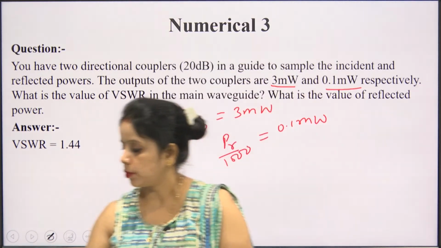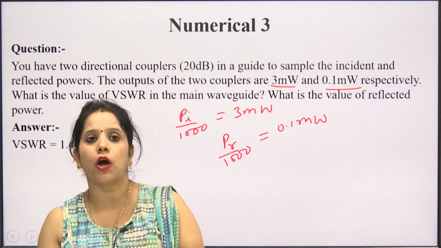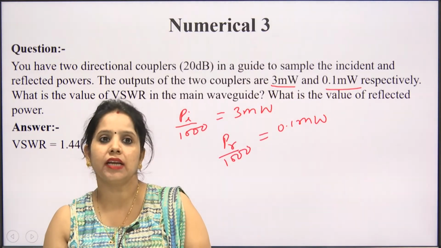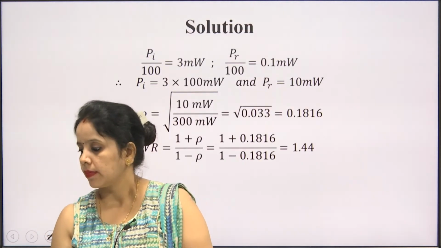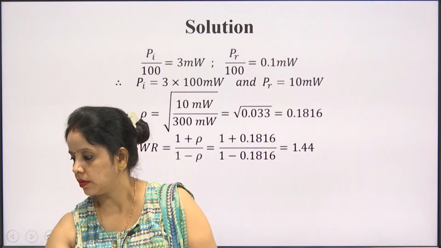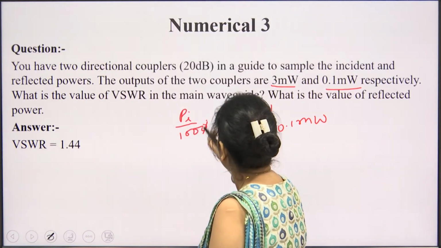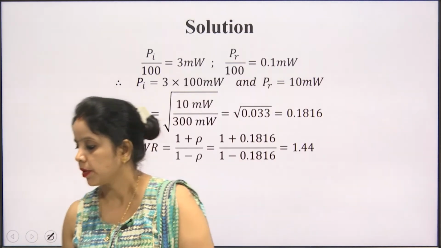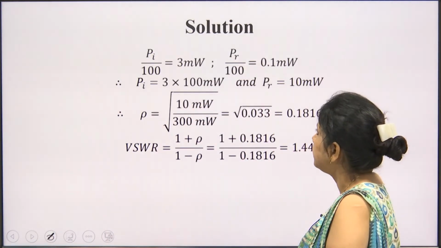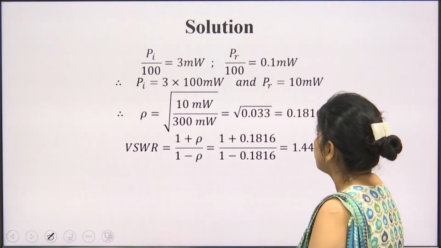It is given. Whenever we say the output of the two couplers, do not get confused that it will be Pi; basically it is Pi upon 100 and PR upon 100.